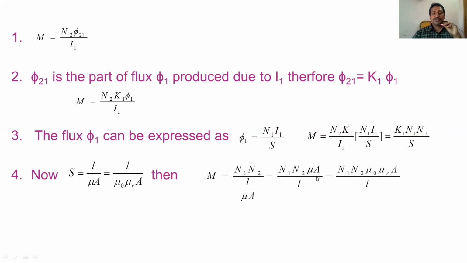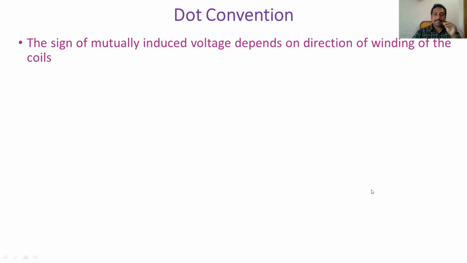So N1 N2 μ A by L. This is the basic formula of mutual inductance: N1 N2 μ0 μR A by L. N1 is the primary number of turns, N2 is the secondary number of turns, μ0 is the absolute permeability, and μR is the relative permeability. Relative permeability depends on the material. μ0 is fixed, 4π into 10 power minus 7. L is the length of the conductor and A is the cross-sectional area.